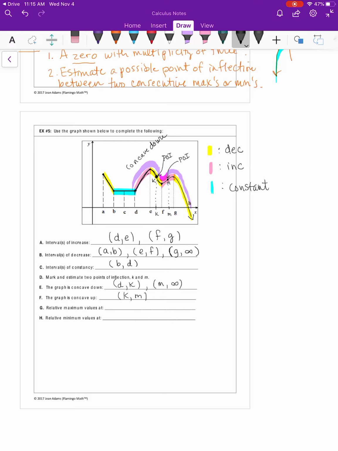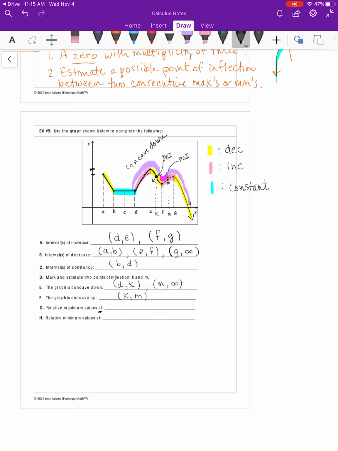And then relative max values at. See, the values are the Y values, and they haven't given us any Y values here. They didn't follow over and give us any Y values. So that's why they say at. We're just going to tell them what X values they're at.